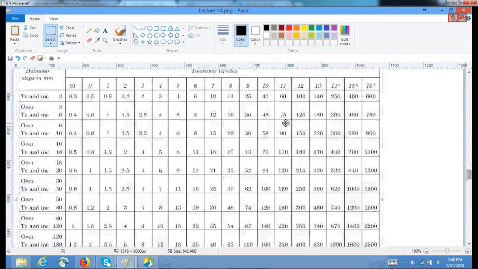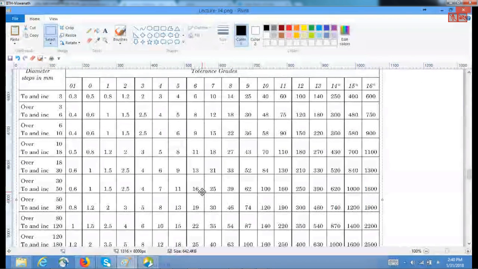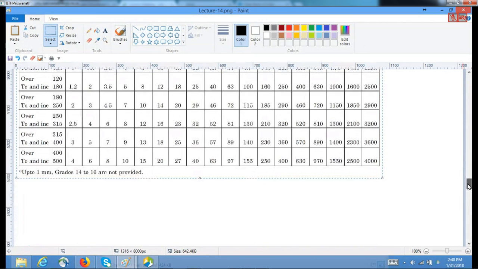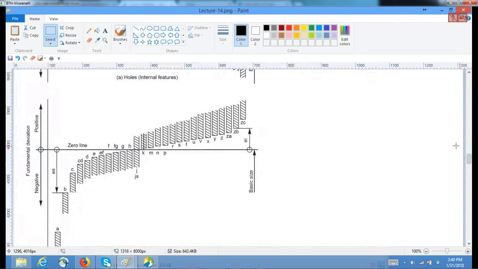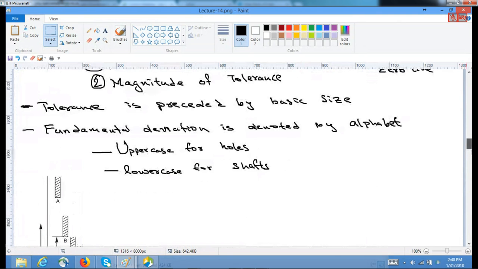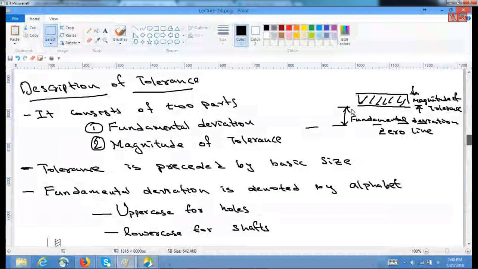Like that, if a diameter is 40, then we need to look at grade 7, which says this has up to 25 micrometers as the magnitude of the tolerance. So using this table and this alphabet, one has to determine the fundamental deviation as well as the magnitude of the tolerance.